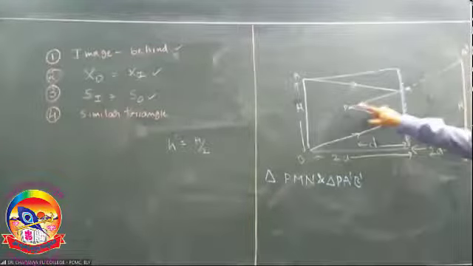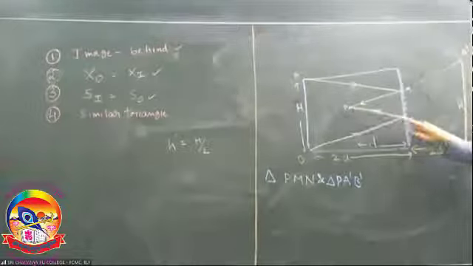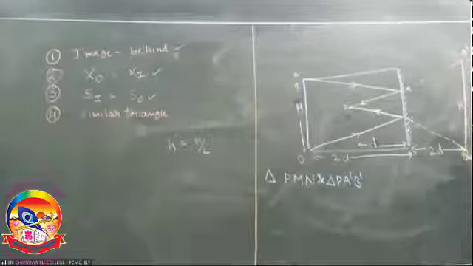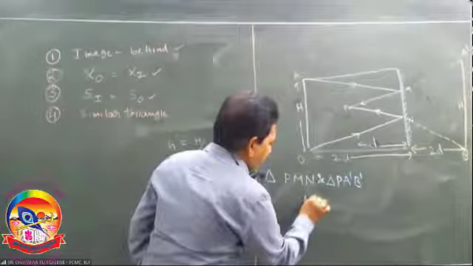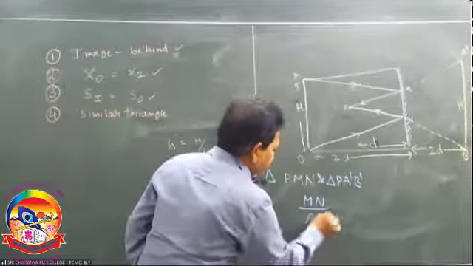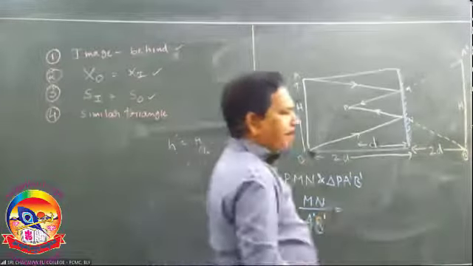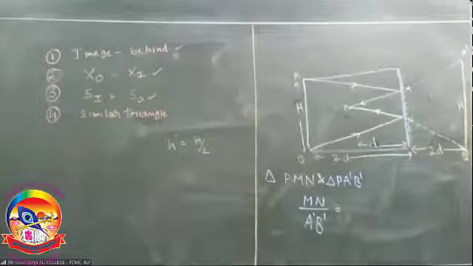MN for this triangle is the base. For this triangle, the base is A dash B dash. Therefore, I am writing base by base: the base of one triangle to the base of the other triangle.